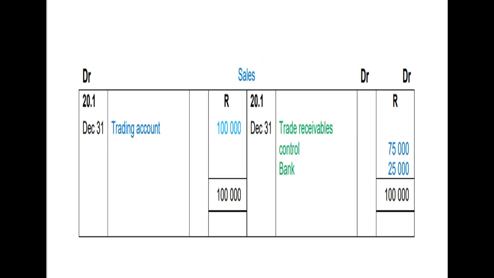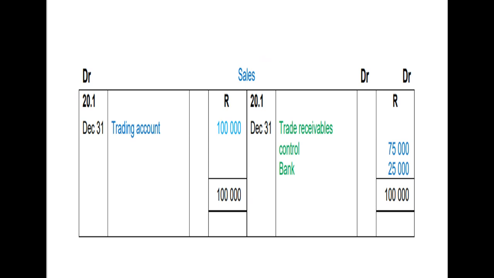If you're required to do the sales account, it's still the same as the one that we did under the perpetual inventory system, because initially we said we've made a sale of 75,000, which was credit sales. We also made a cash sale of how much? Of 25,000. So to close off an income account, which means the income account needs to be debited. It's going to be debited by what?